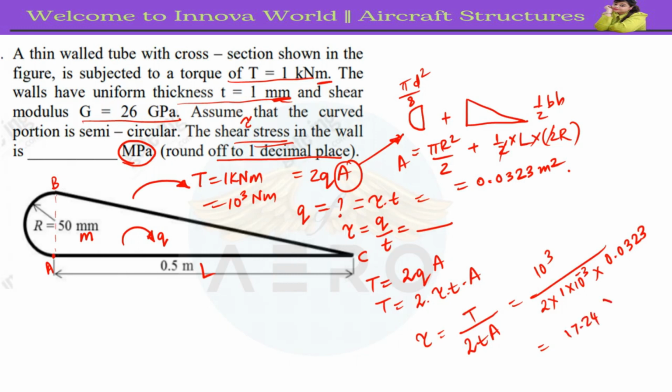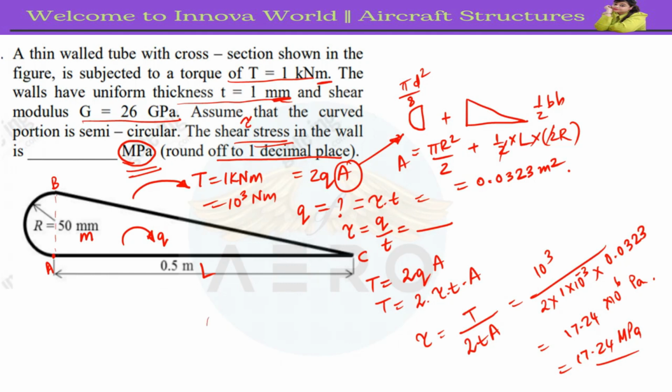Solve this and you will get something like 17.24 into 10 power 6 pascal. Okay, so here they ask in megapascal, so 17.24 megapascal. Now they have asked to round off to 1 decimal place.